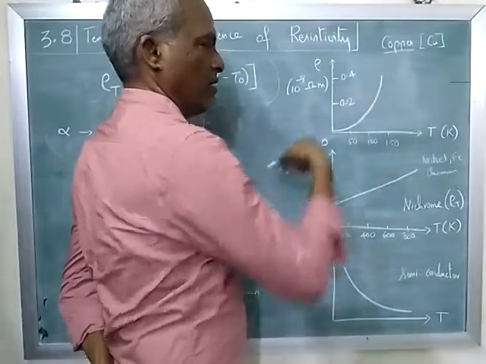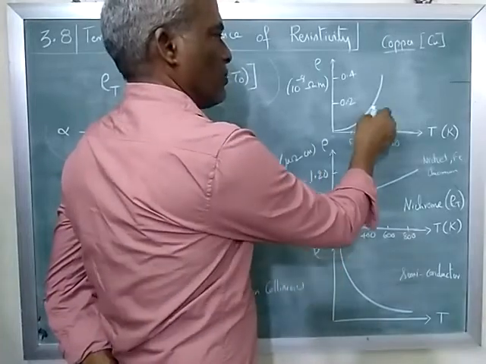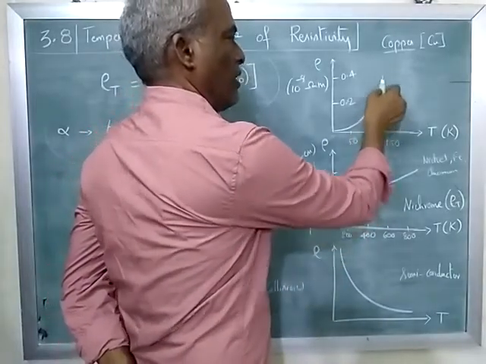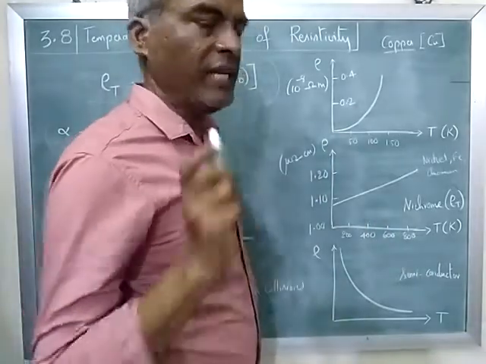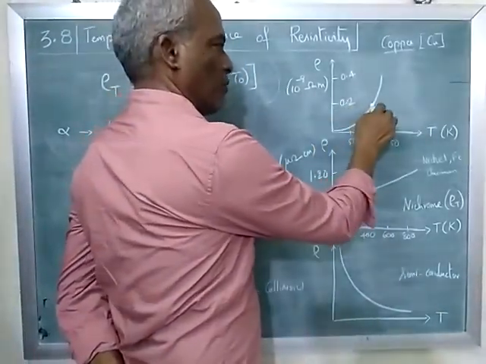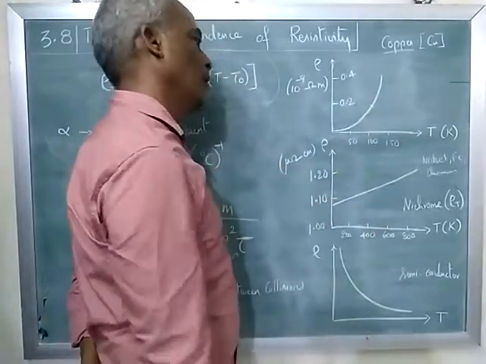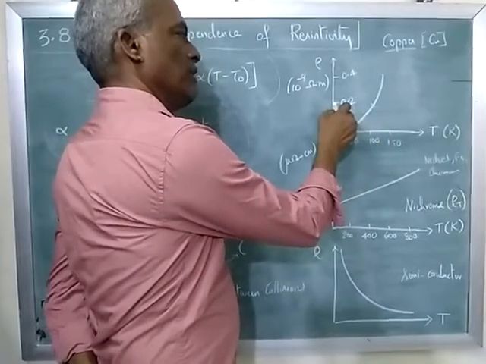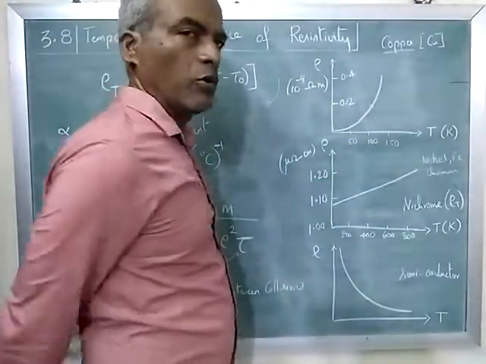It is not linear, it is not a straight line. With respect to temperature it keeps increasing, but it is not linear. If you measure at this temperature, say roughly 120 Kelvin, the resistivity is 0.2 into 10 power minus 8 ohm meter.